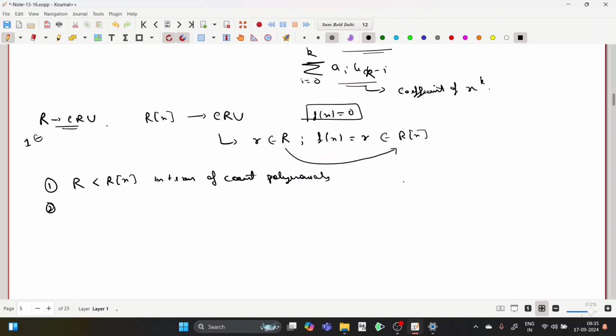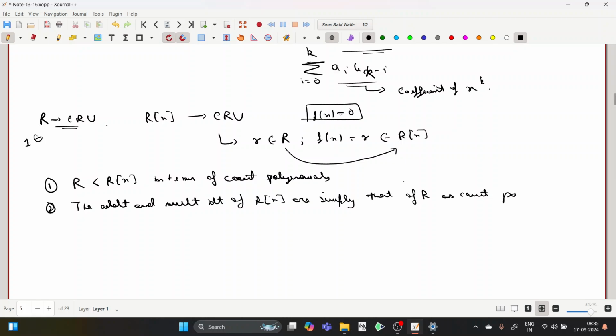Number two, the additive and multiplicative identities of R[x] are simply those of R, as constant polynomials.